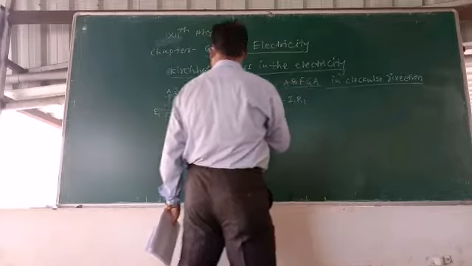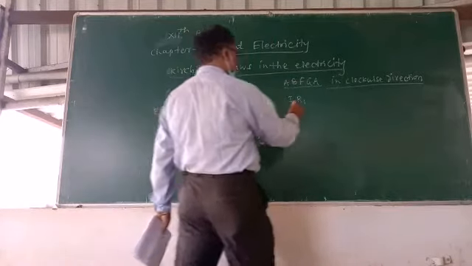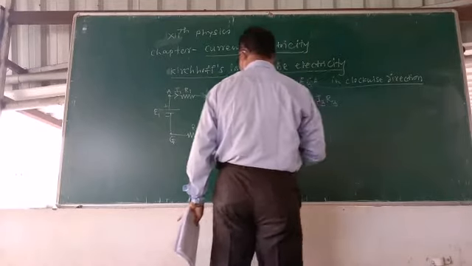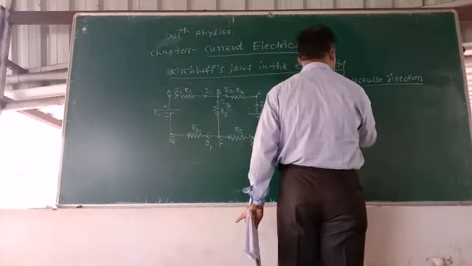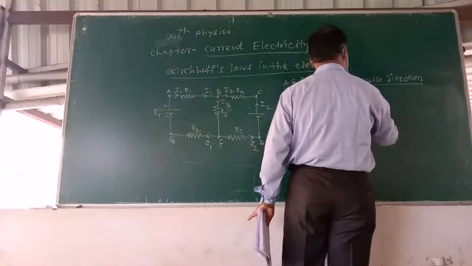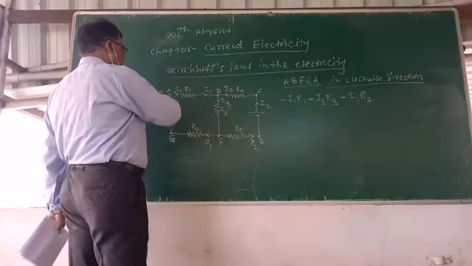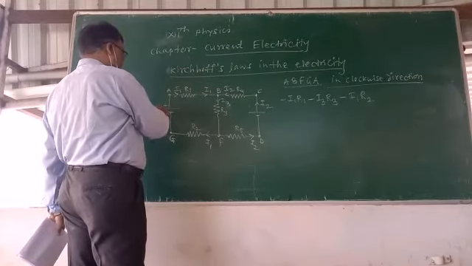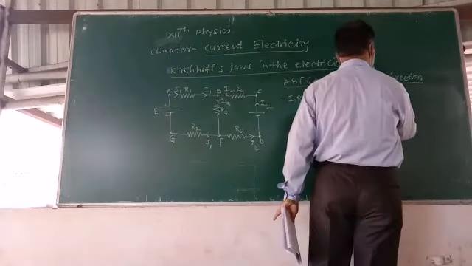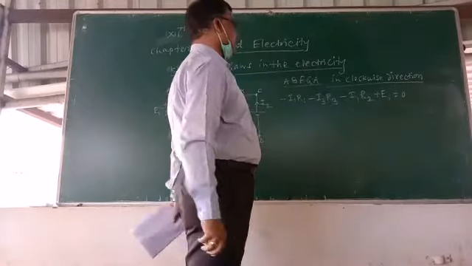Similarly, in the direction of current, minus I3 R3. Here, in the direction of the current, minus I1 R2, and in this direction of the current, going from the negative to the positive terminal of the cell, the electromotive force is positive, that is E1, and the sum is equal to 0.